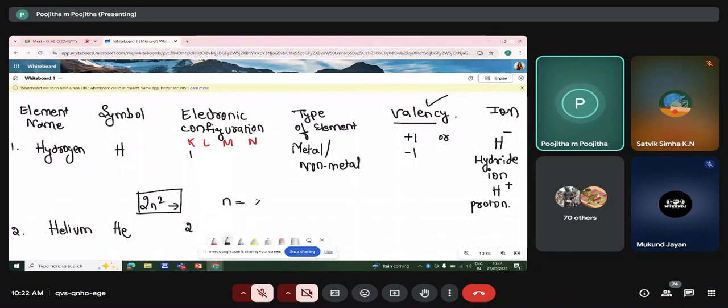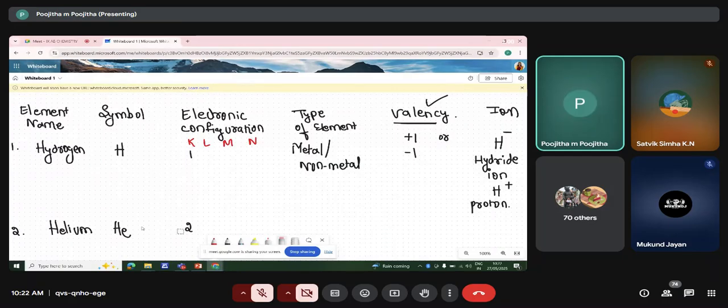What does n represent? N represents the shell number. So n value is 1 for K shell. So for K shell, 2 into 1 square, a maximum of 2 electrons can be there in the K shell. So K shell is complete. Yes or no? For helium, K shell is complete.